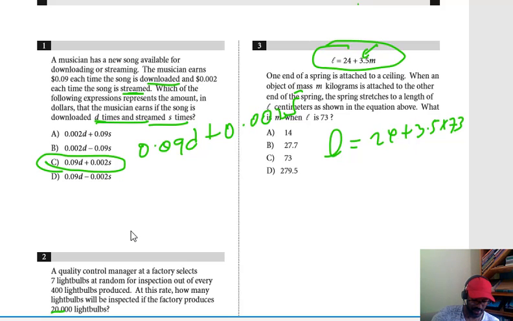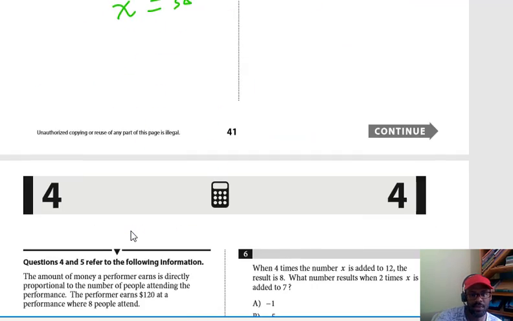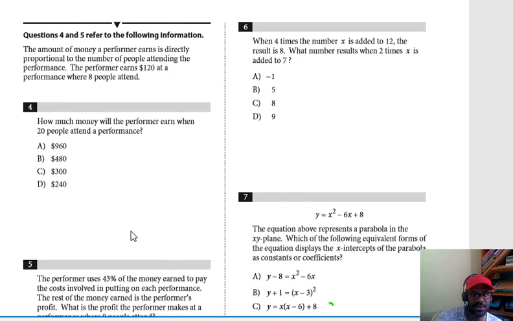And finally, okay, I'm using mobile. I'm not recommending you to use mobile. Just 3.5 times 73, and when you add this with 24, you'll get D.